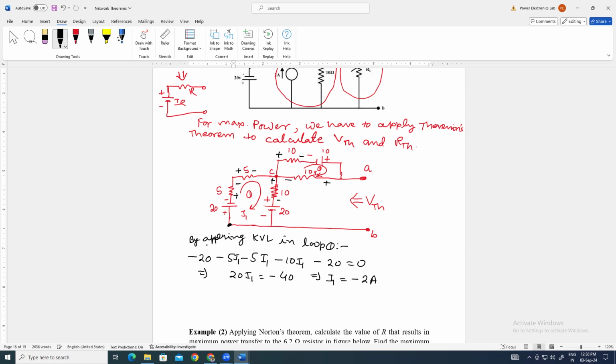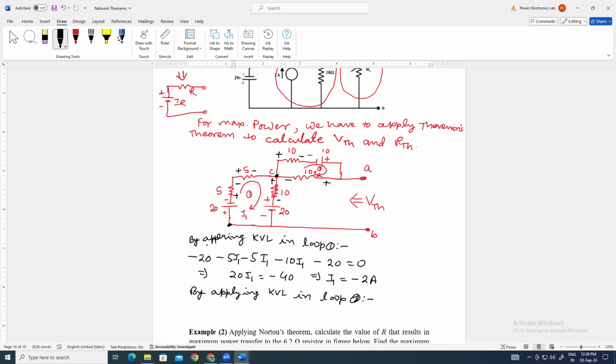Okay, now by applying KVL in loop 2, so we can start at this point, we will move in clockwise direction, and again we will reach at this point.